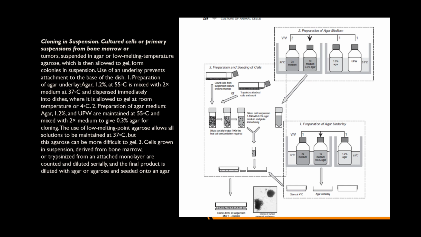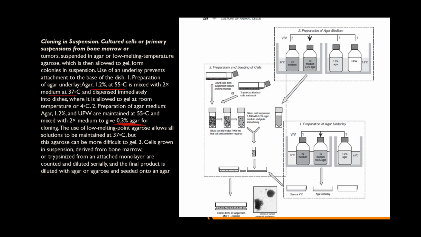So the first step is preparation of the agar underlay. You can see the amount of agar used here: 1.2% agar is prepared using ultra pure water, kept at 55 degrees Celsius, and it is mixed with 2x medium at 37 degrees Celsius to give the required percentage, that is 0.3% of the agar, which is required for cloning.